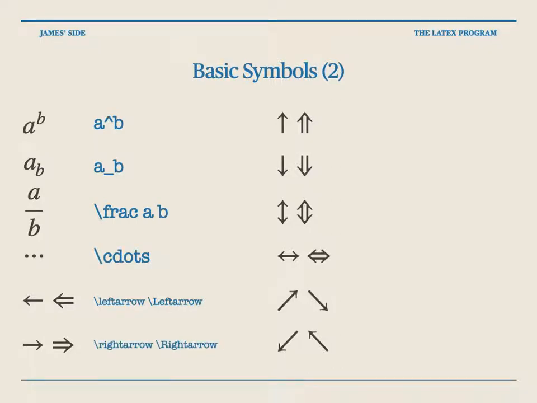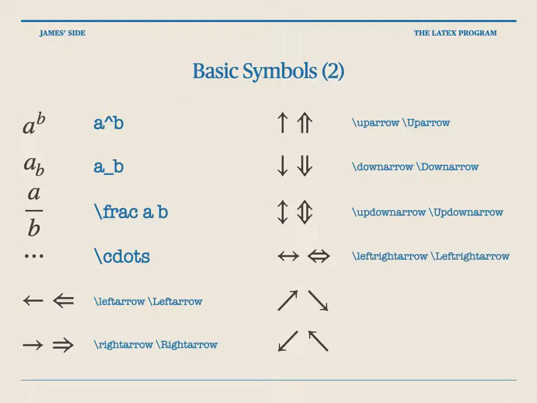And also similar to left and right, you could also have uparrow for the arrow going up, downarrow for the arrow going down, and for going up and down, you have updownarrow, and for going left and right, you have leftrightarrow.